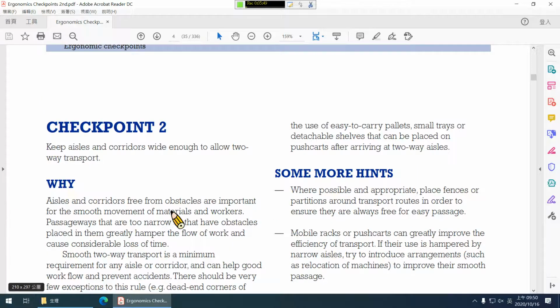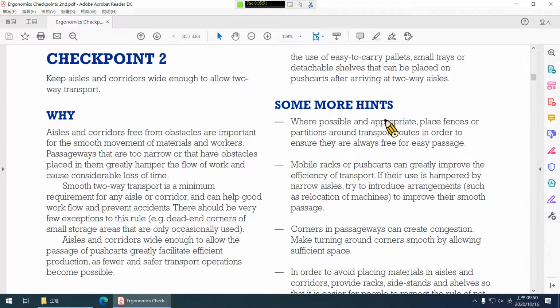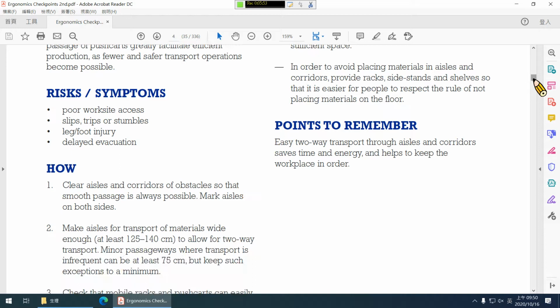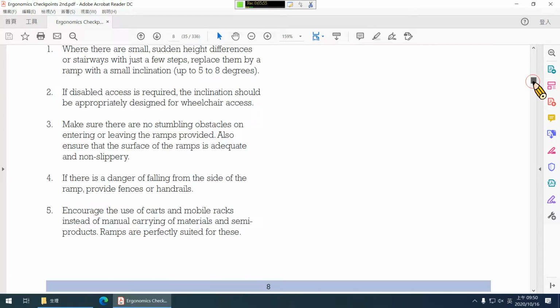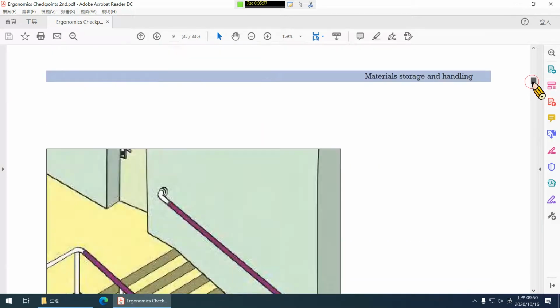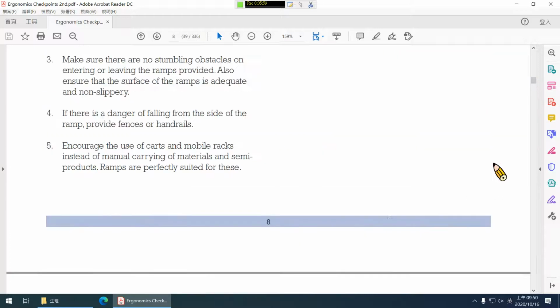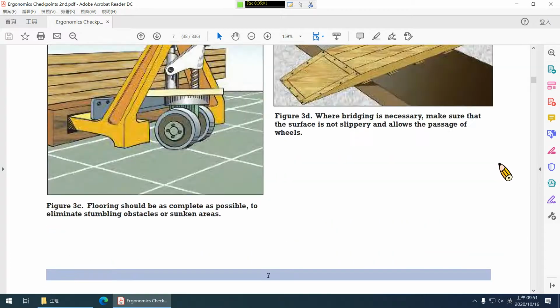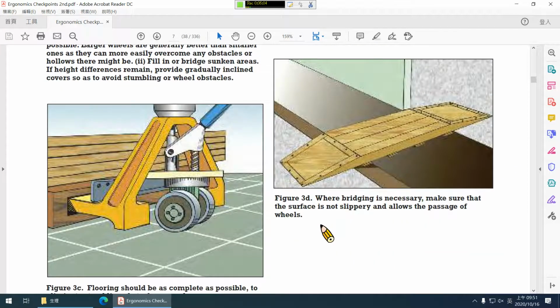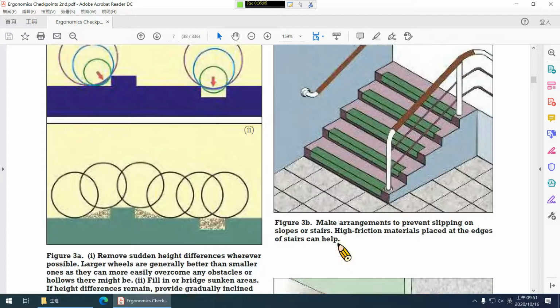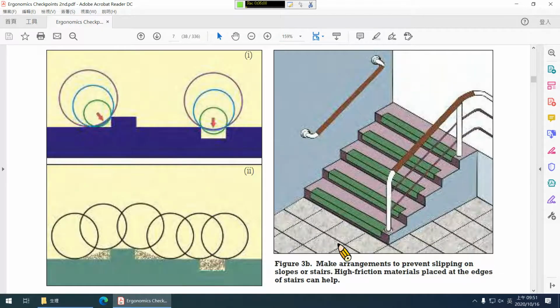This is pretty much self-explanatory, so you can read through all these illustrations and the checkpoints by yourself very easily.